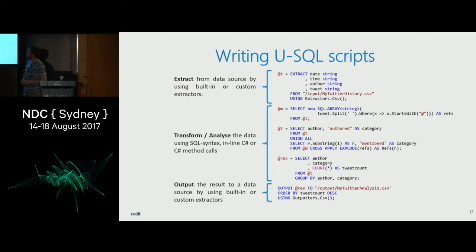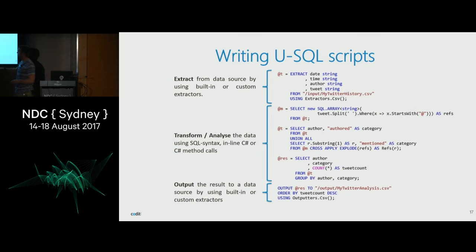And then this is an example of a U-SQL script where at the top you basically extract the data from a data set, where you also define the schema of that data set. This is where you need to do it, not when you ingest the data, but once you want to extract it. You could say, I want to use CSV, TSV, or you can write your own, which we will do.